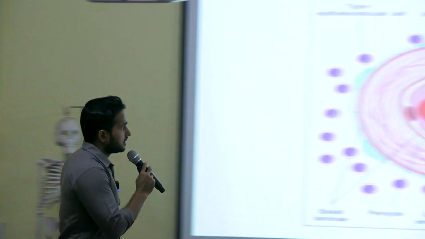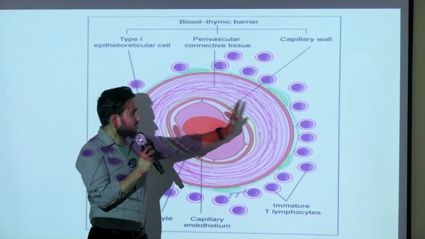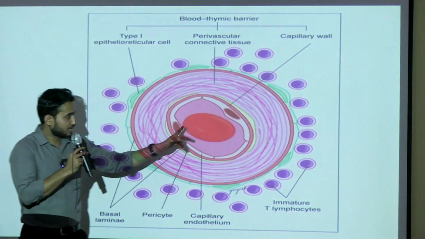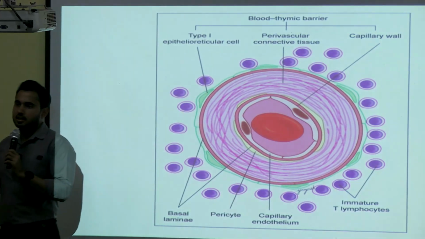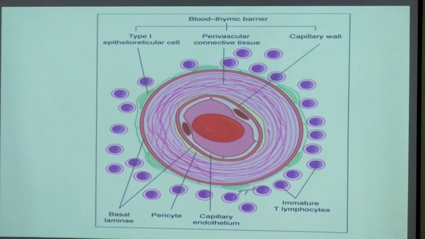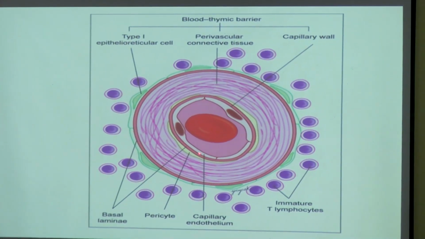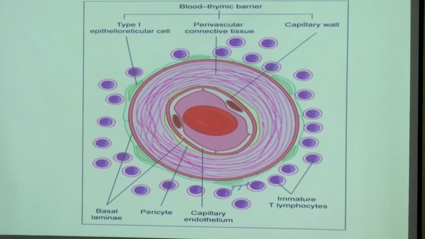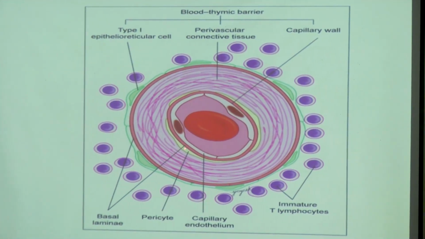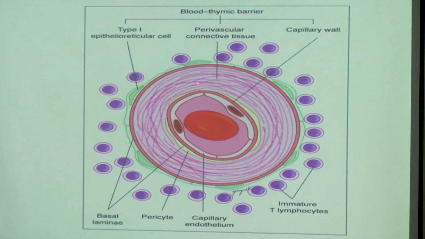Here also you have to go from inside to outside. So inside में क्या रहेगा? Blood vessel. तो blood vessel में here we are taking the blood capillary, so you are getting the capillary endothelium. See, this is the endothelium, then this is the basal lamina, and then this is the pericyte. After that, the perivascular connective tissue is there.